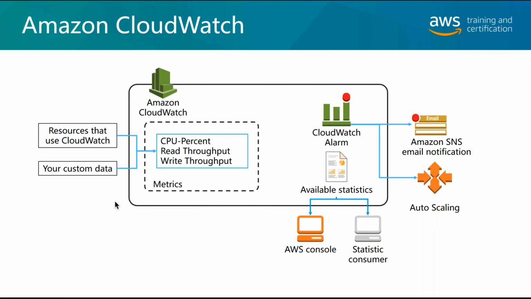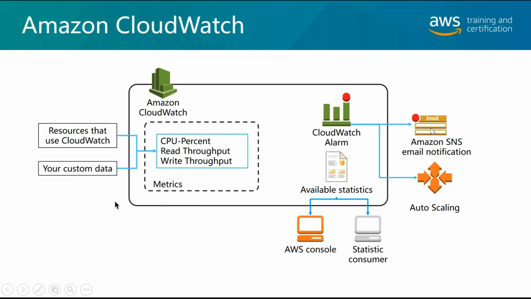Now, when we talked about CloudWatch, one of its features is a component for metrics. It can collect CPU metric information, so performance information, and you can also create custom metrics and set up alarms.